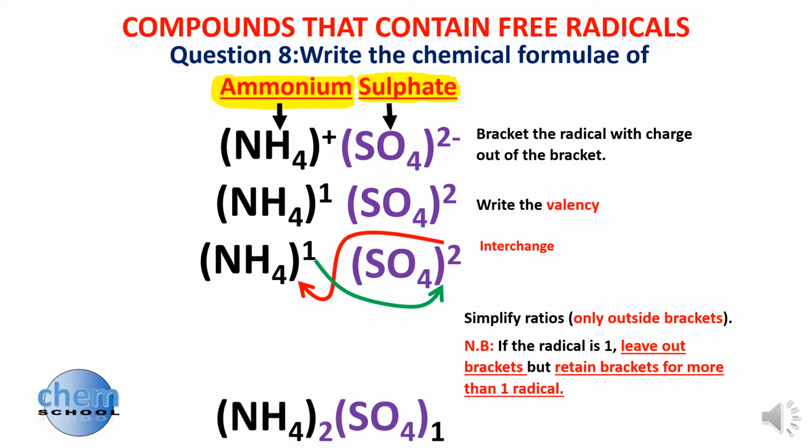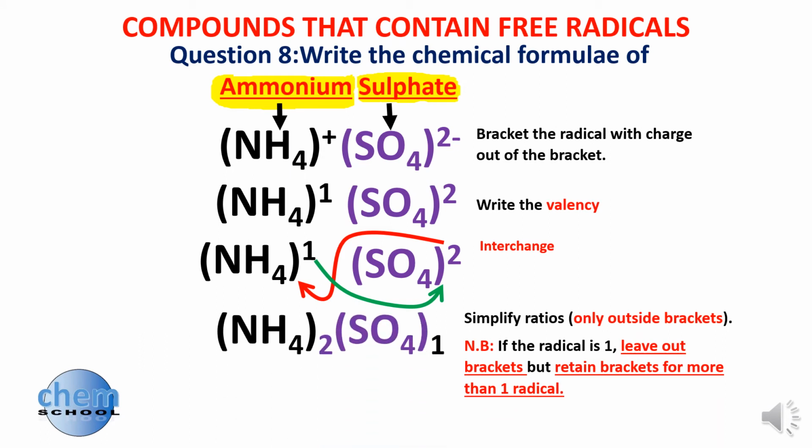After interchanging, you will notice that sulfate is only one radical, while ammonium is made up of 2. So remove the brackets surrounding the sulfate ion, including the 1 itself. Therefore, your final formula becomes ammonium sulfate as shown.